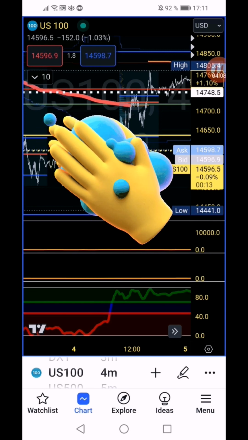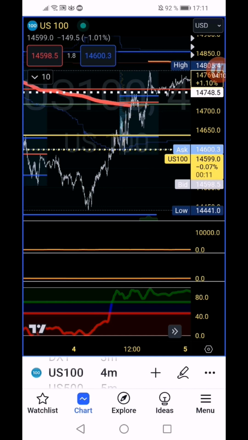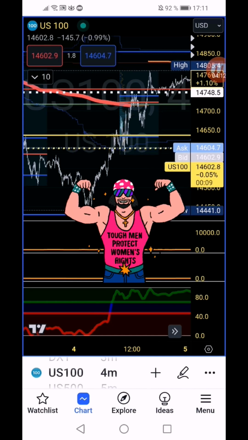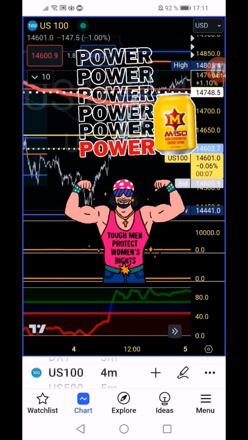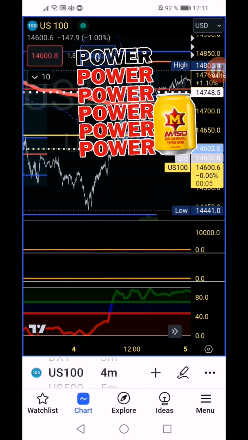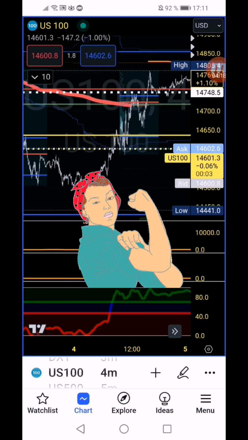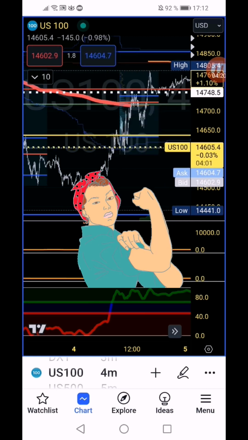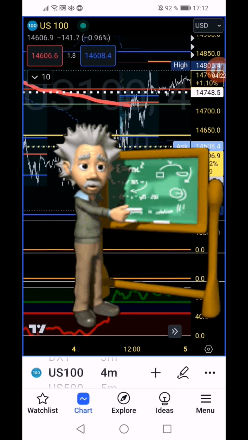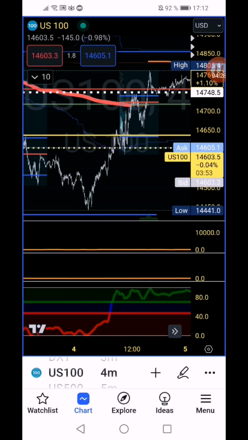Why? Because the trend is established by power and energy, right? Like in physics, we know energy relates to a constant multiplied by momentum, right? And in a trend, we have momentum. If the trend is bearish, we have a falling or bearish momentum.